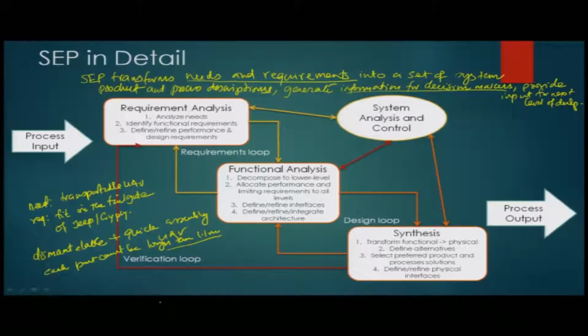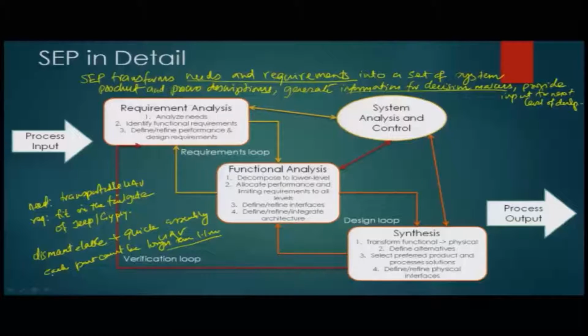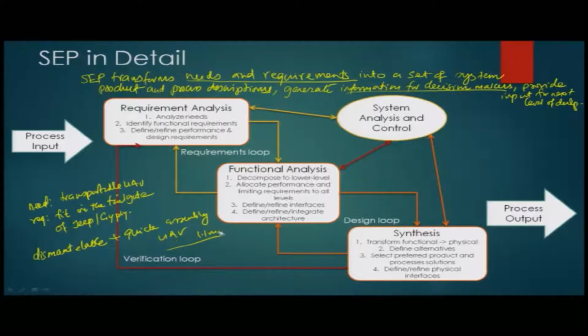So, you do the performance and design requirements based on the needs and the requirements specified by the customer. The customer might specify needs and requirements in a different fashion in very lucid terms, but the systems engineer is responsible for translating them into exact numbers, which can be used by people for developing the system.